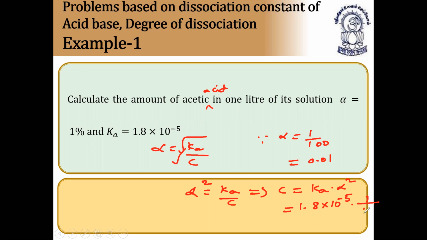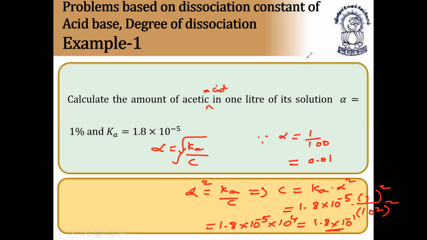That is 10 to the power of minus 4, so it becomes 1.8 into 10 to the power of minus 5 into 10 to the power of 4, which is equal to 1.8 into 10 to the power of minus 1.